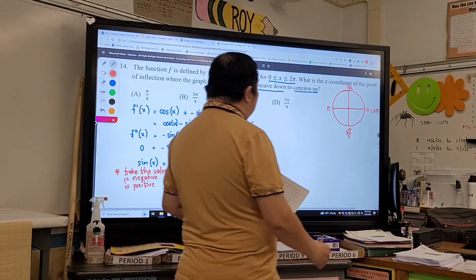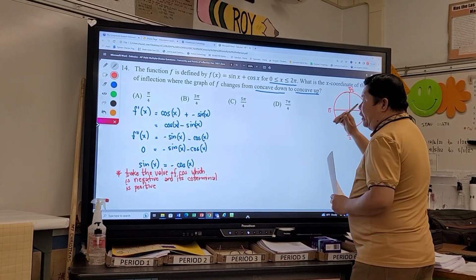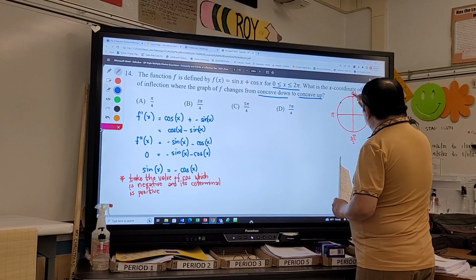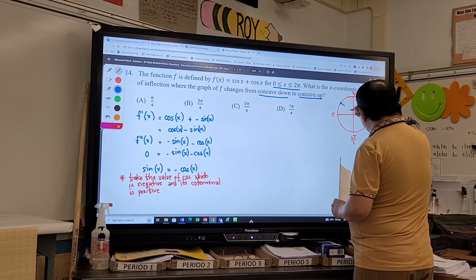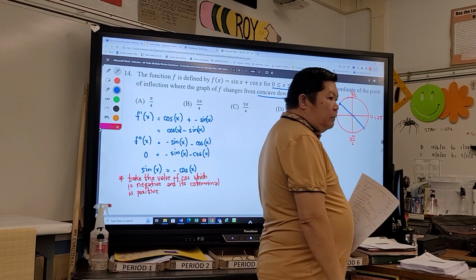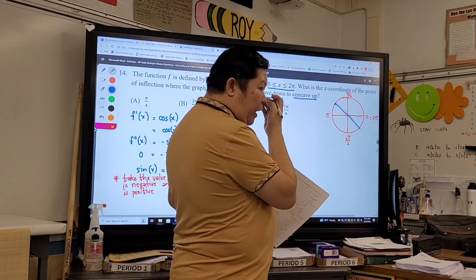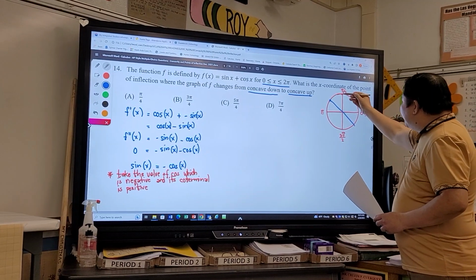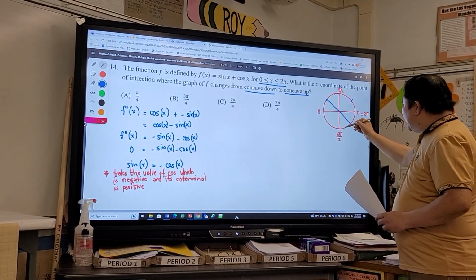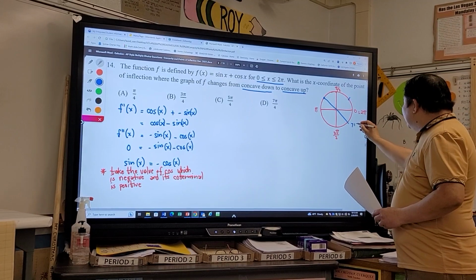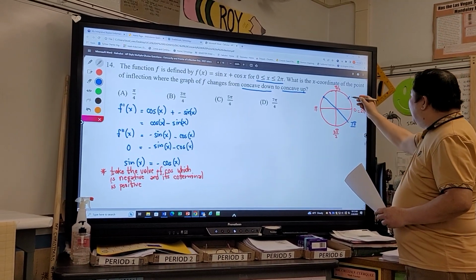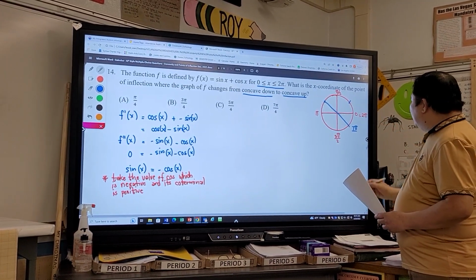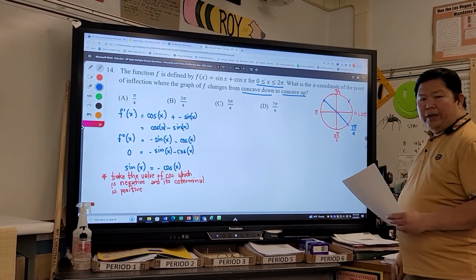Basically I'll just take this one, and then its coterminal is right here. So 45 degrees: the first 45, the second 45, third, fourth, fifth, sixth, 7. So this is 7 pi over 4.